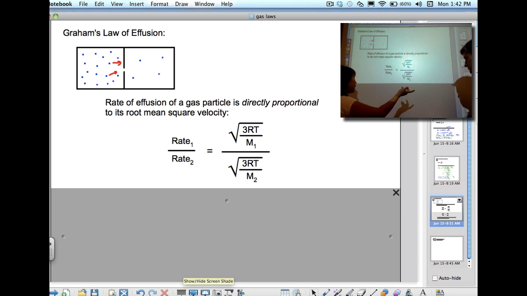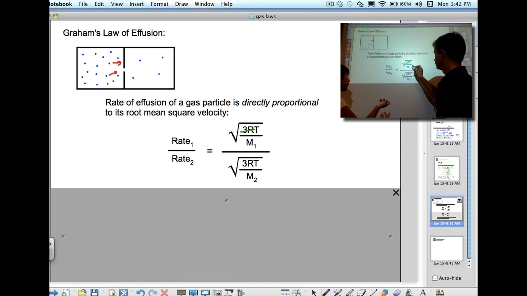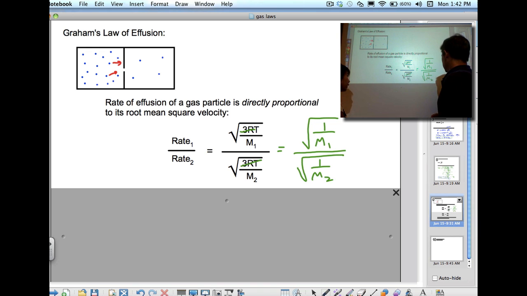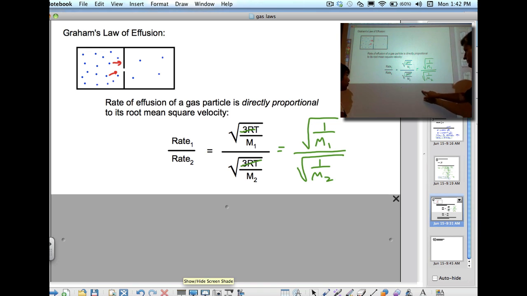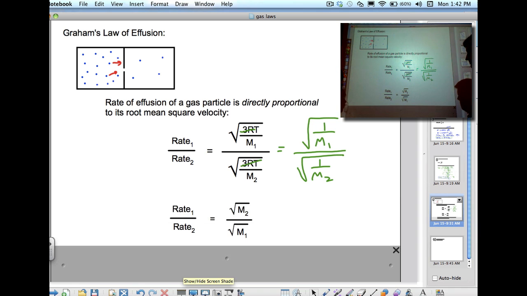So you flip it, so then you're going to end up with... Very good. So this is going to be 1 over the square root of M1 divided by 1 over the square root of M2. So that's just the square root of M2 over the square root of M1.